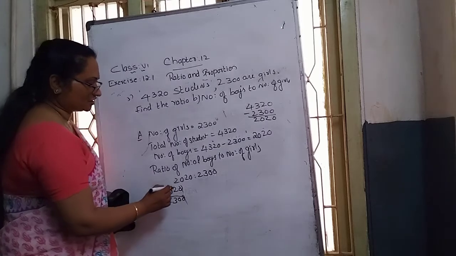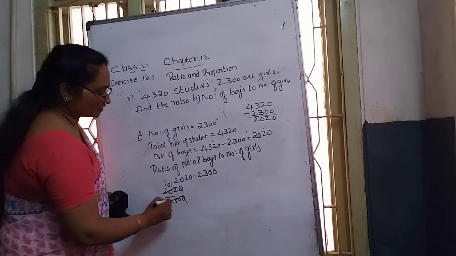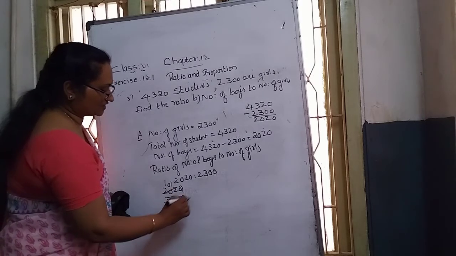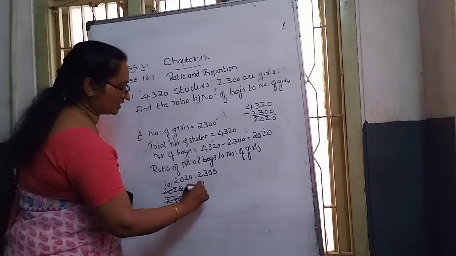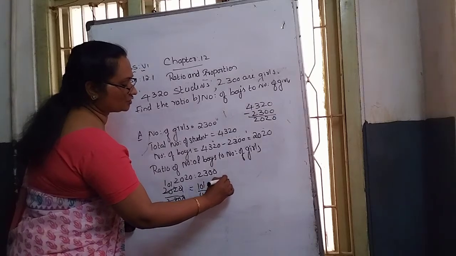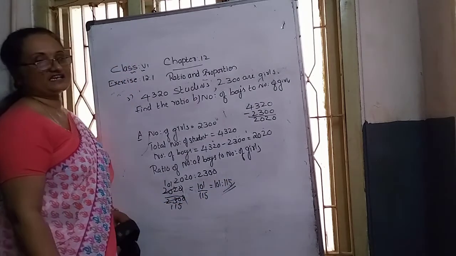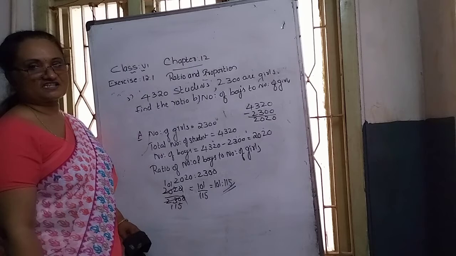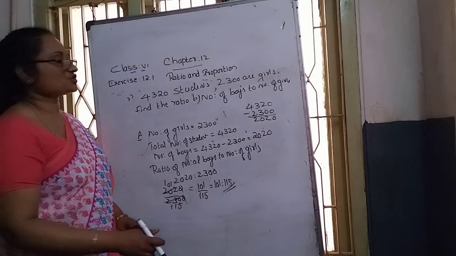Cancel 10, then 2 table, 101 by 115. So we get 101 is to 115 as the ratio. Once again cancellation is not possible, that's why we write it in the fraction ratio way.